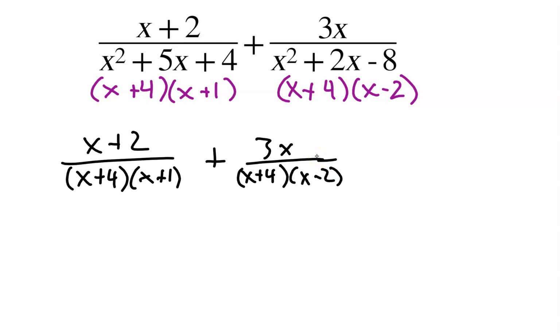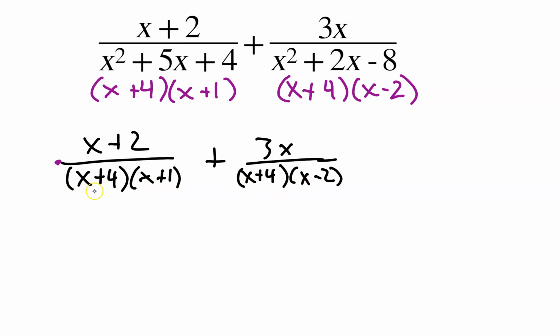The reason we like to rewrite it this way in factored form is because it allows us to see that these denominators have something in common already. So I don't need to multiply each fraction by the entire other denominator. I only need to multiply by the factor that's missing. Remember, the whole goal is to have the same factors on both denominators.